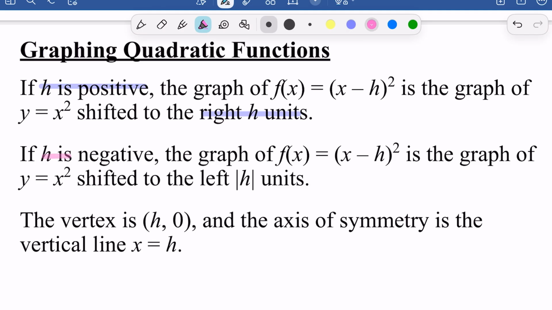If we have a value of h that's negative, then our graph is going to shift to the left h units. Since our graph is shifting left or right, that means that our vertex is going to change, and also our axis of symmetry is going to change. And it's all going to be based on that h value.